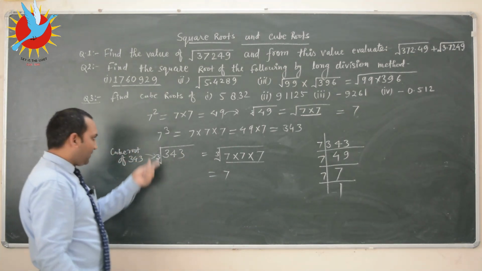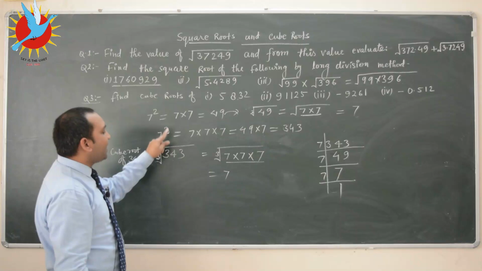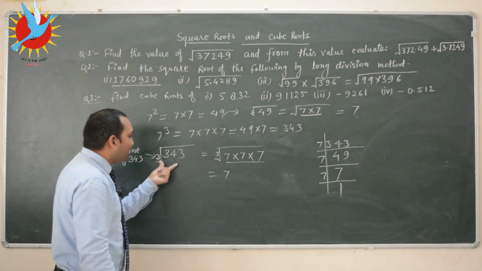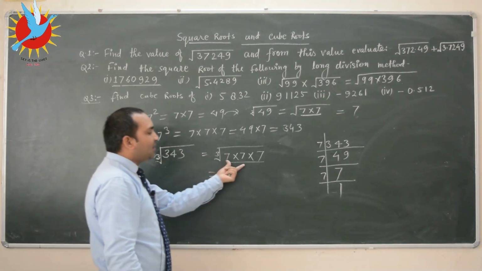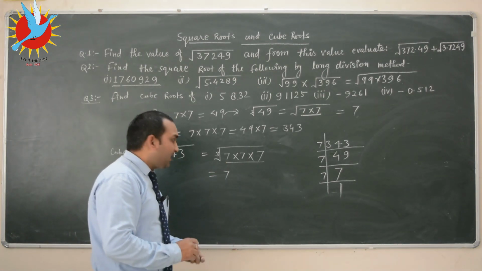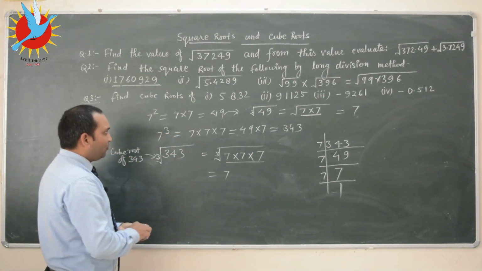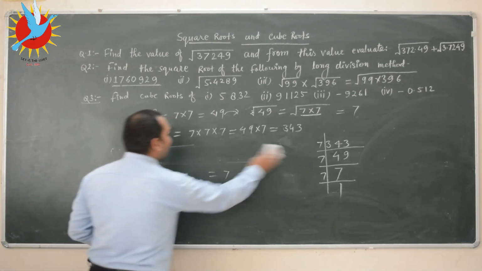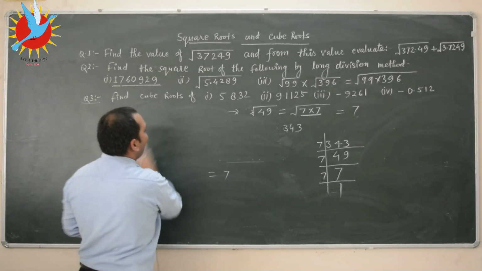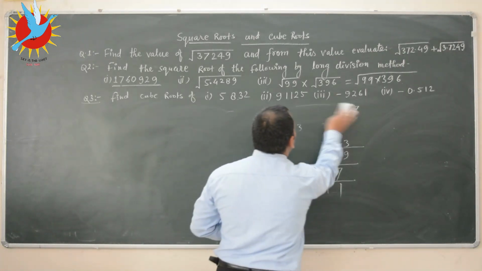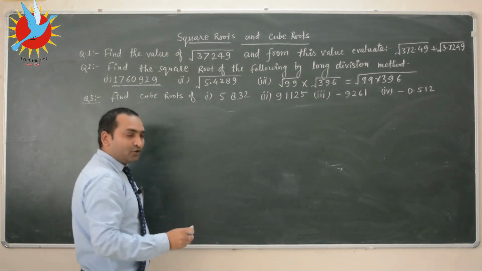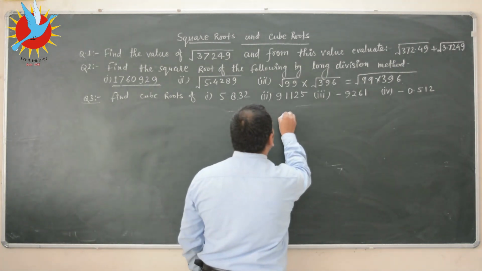So you know this, the cube and cube root. Cube means multiplying itself 3 times, and cube root means by prime factorization make the triplet. So the first question we solve: find the cube root of 5832.